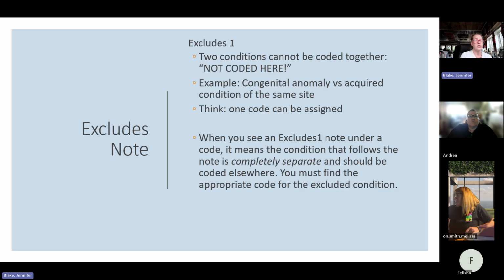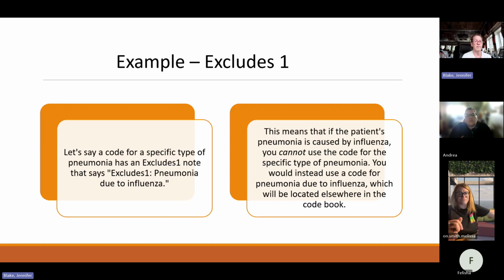So going back to the excludes, our excludes 1, again, means cannot be coded together, can't be coded here. Okay, so you have to remember only one code can be assigned. So this is just another little snippet of that. Here's an example.